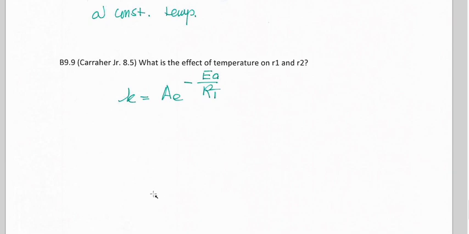If you remember from physical chemistry, any rate constant k is equivalent to a constant times e to the power minus activation energy over the gas constant times temperature. So the temperature has an effect on k.